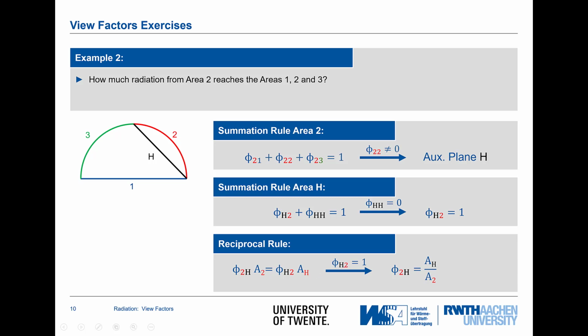And phi h to 2 is 1, so we can calculate phi 2 to h as the area ratio here. If we put the areas in, then we have this secant, and we have the bow. So that's d over square root 2 divided by pi d over 4. So this is the square root of 8 divided by pi. That's the view factor from 2 to h.